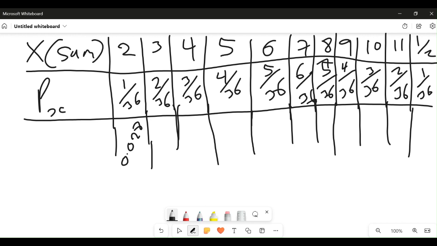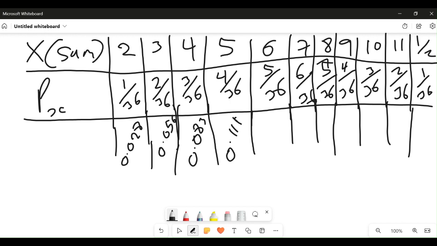That will be 0.056. What is 3 over 36? That's 0.083 approximately. What is 4 divided by 36? That's 0.111.